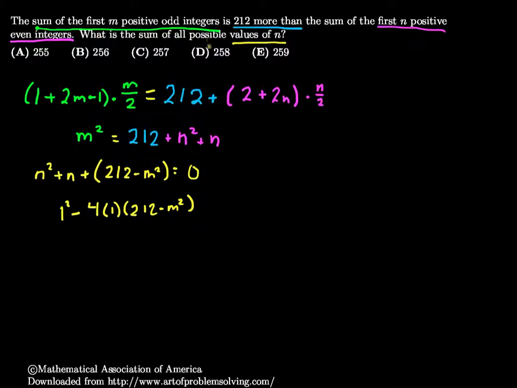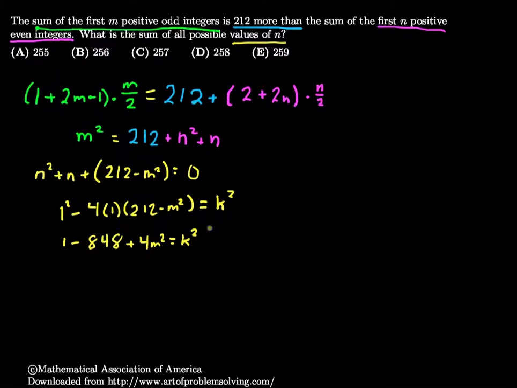And the only way this can have integer solutions is if this is a positive perfect square. So we'll just call that k squared. And we'll do a little bit of algebra on this. So we get 1 minus, I'm going to distribute through and get 848 plus 4m squared is equal to k squared.